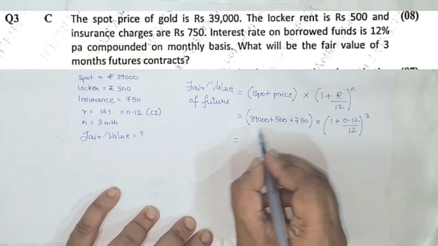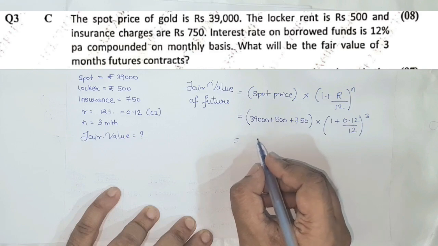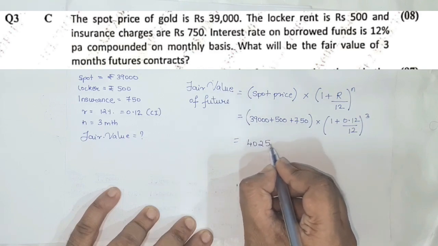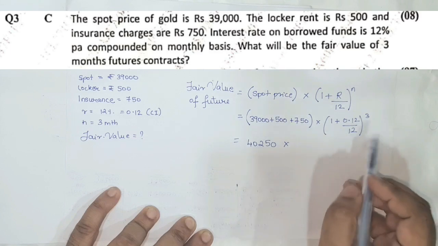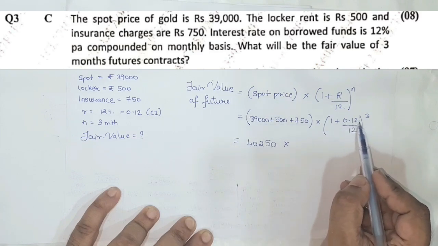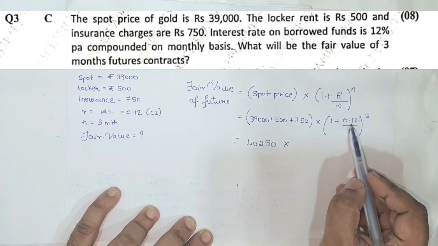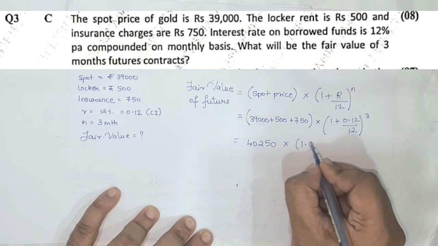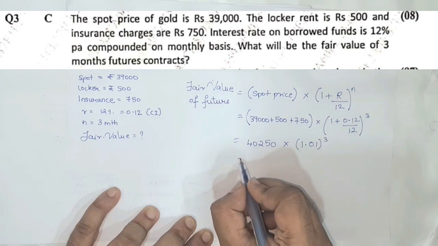Now 39,000 plus 500 plus 750 will give you 40,250, into, on the calculator, 0.12 divided by 12, which becomes 0.01. 1 plus 0.01 is 1.01 raised to the power of 3.